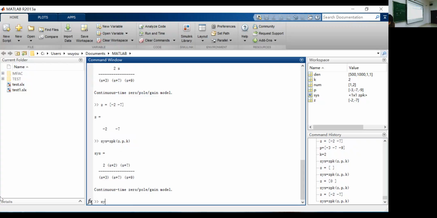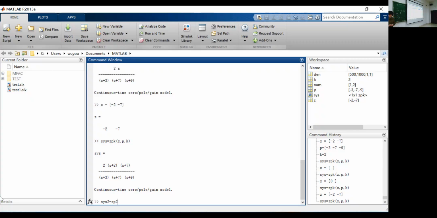Maybe we name the system 2, system 2 equals ZP2TF. The 2 has the same pronunciation as "to". And what conditions do you have right now? You know Z, you know P, you know K. So here we name another system 2 equals the transfer function from ZPK to TF.